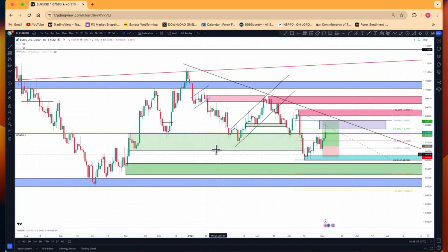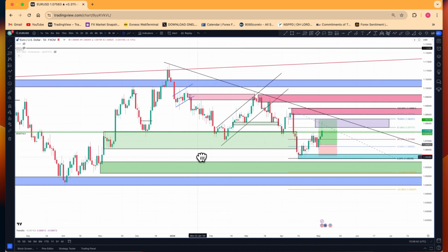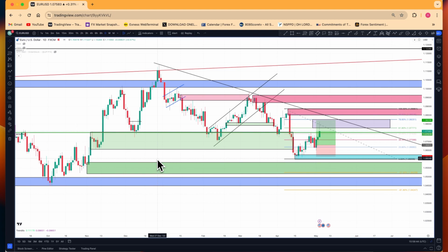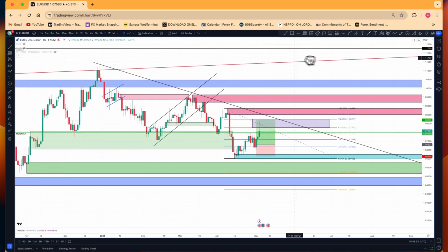You guys know that I like to start off with the daily time frame. If you watched the previous video last weekend, you will know that when we analyzed this Euro USD pair, I plotted a demand zone here, but I had to remove that demand zone because of this demand zone below. This is how the chart was last weekend when I analyzed it, around this area here.